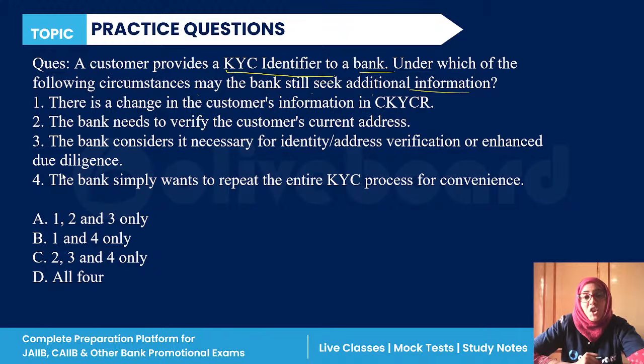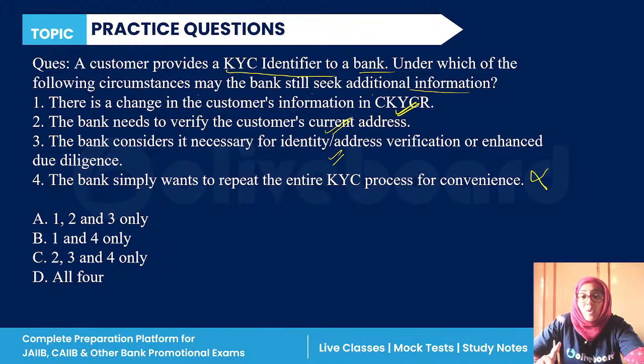Okay, first, there is a change in the customer information in the central KYC record registry. Yes, in this case, additional information is required. The bank needs to verify the customer's current address. Obviously, yes. The bank considers it necessary for identity and address verification or enhanced due diligence. So, yes. The bank simply wants to repeat the entire KYC process for convenience.